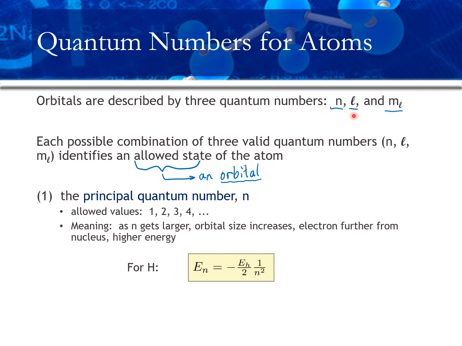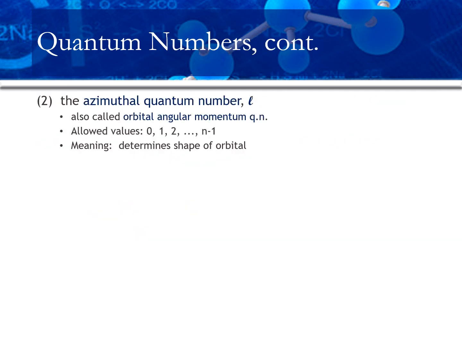So now we're going to move on to the azimuthal quantum number, l. This is the second quantum number. It's called the azimuthal quantum number because it has to do with the azimuthal angle around an atom. Another name for it is the orbital angular momentum quantum number. Its values are restricted by the value of n, so you have to know the value of n before you can consider the possible values of l.